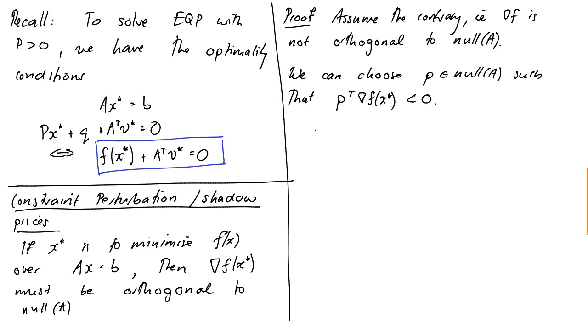If we move in that direction by some amount t, A times x plus t p equals A x plus t A p. Now p is in the null space, so A p equals 0 and that's just A x, which equals b, for any t.